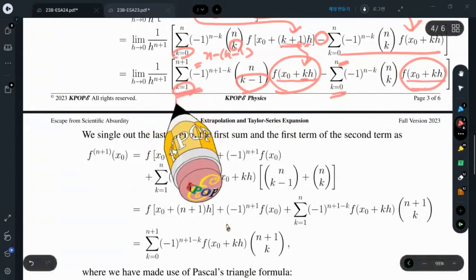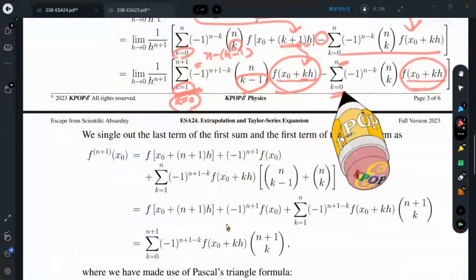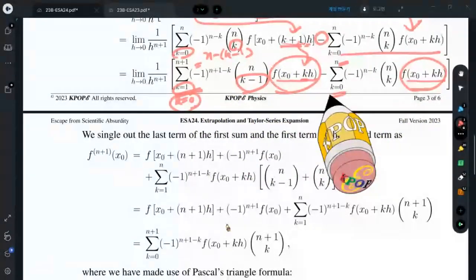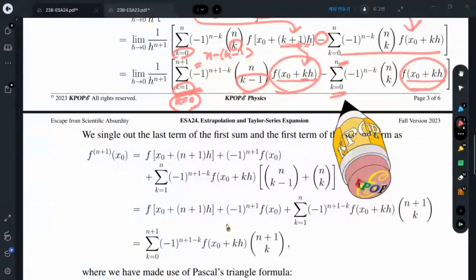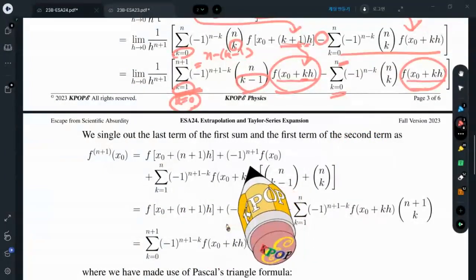So k equals 0 is missing in the first sum. So I need to single out the k equals 0 term outside. That is here.